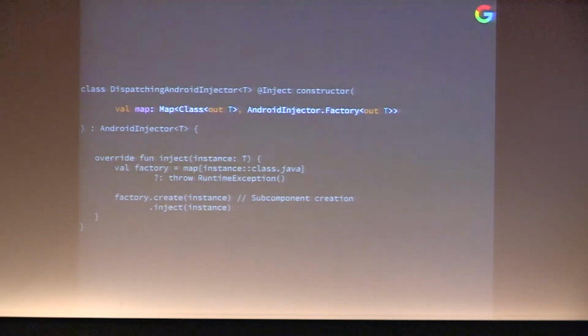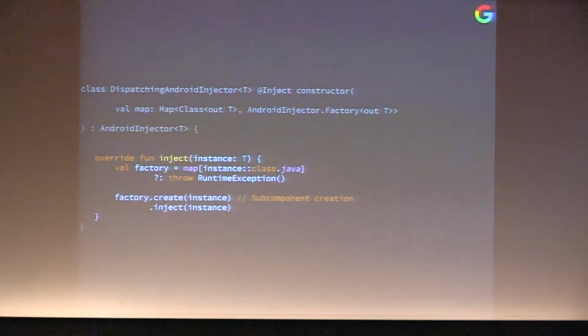The only injected field here is a map, so the signature can be a bit complicated at first. The key on this map is a class of something extending our type parameter, and the value will be a factory of something extending our type parameter. And the important part here, the inject method that is implemented from the AndroidInjector interface.